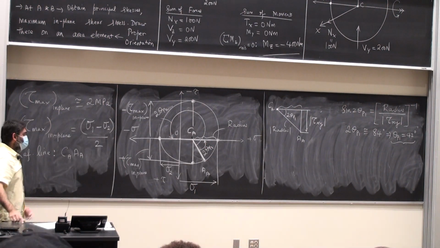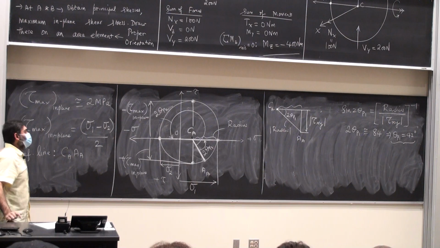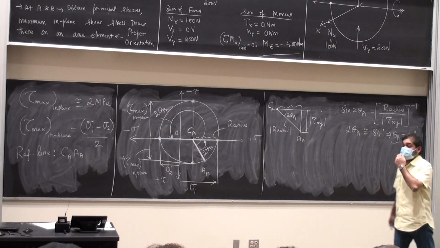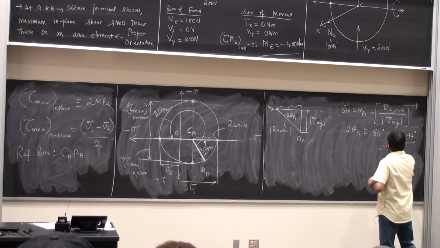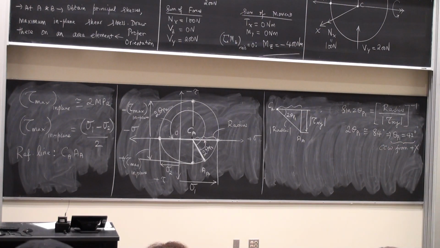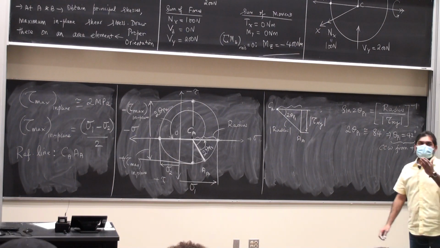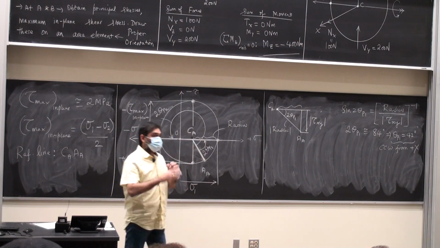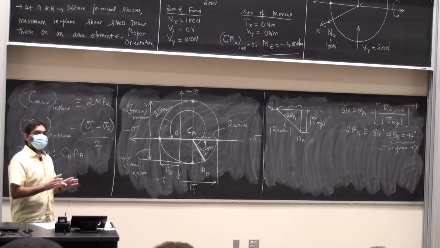Yeah, thank you. Right. So theta P1 is counterclockwise from the positive x-axis. And you can think of the line CA as where the x-axis starts, though it's not necessarily coincident with the planar state of stress that is drawn.